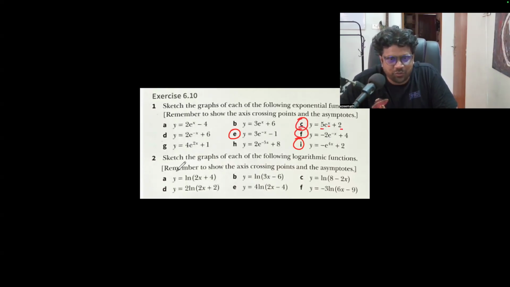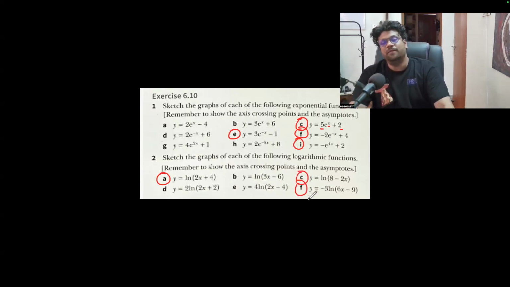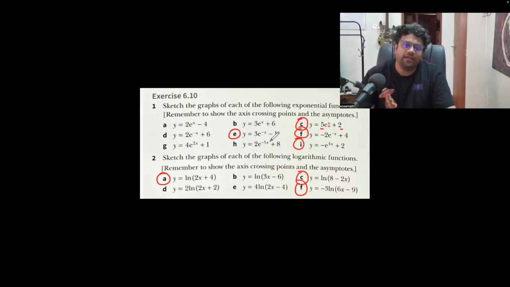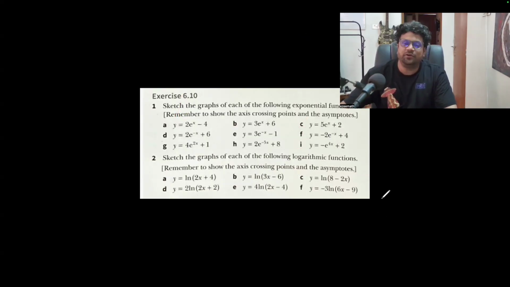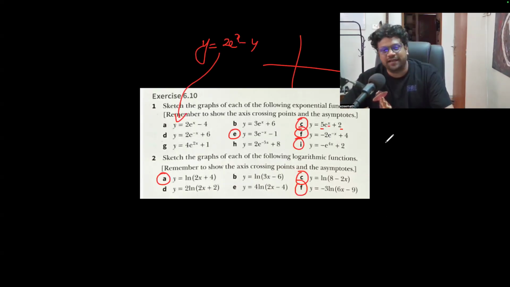Maybe this one, this one, this one, and maybe this one. Take a screenshot, try these questions out, draw them, and of course you can use Desmos. Write yourself the equation there, 2e to the power of x minus 4 maybe for this one, just to see what Desmos tells you it looks like, and check the asymptotes and all. There, take a screenshot. You have to do these questions, okay?